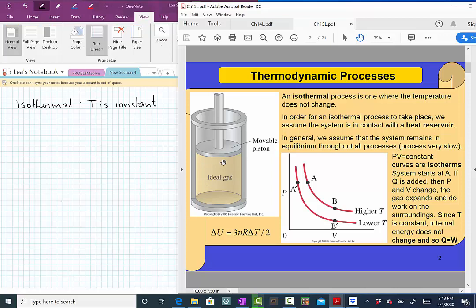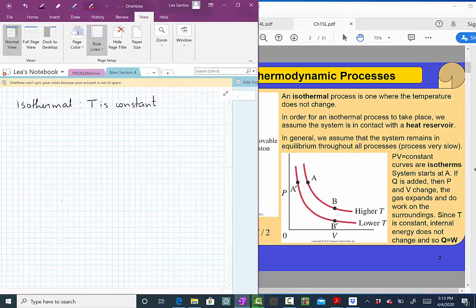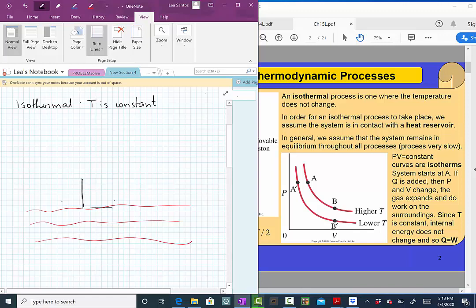It may change its volume, its pressure, things may happen to it, but its temperature will never change. Okay, so we have here this enormous heat reservoir, and we have here our recipient with that piston. All right.